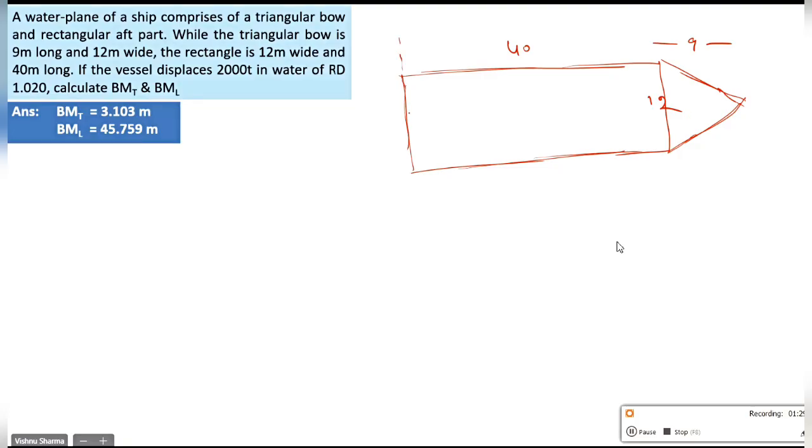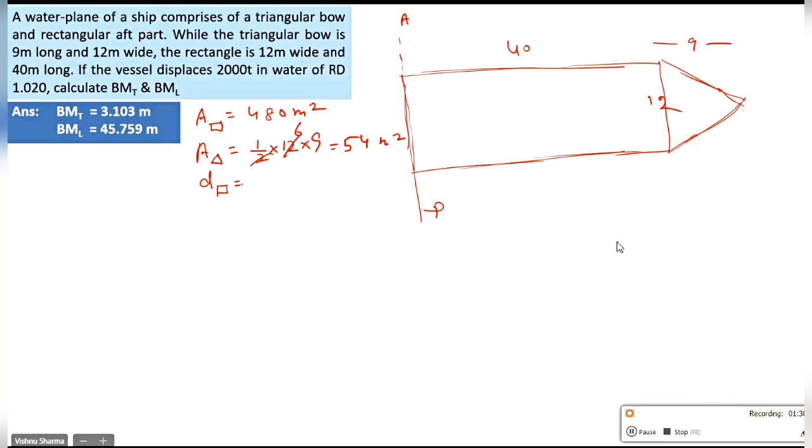If this is the after perpendicular of the barge, we have two areas. What is the area of the rectangle? 480 square meters. What is the area of the triangle? Half base into height, 54 square meters. Guys, look at the diagram and tell me the distance of the geometric center of the rectangle from the after perpendicular.